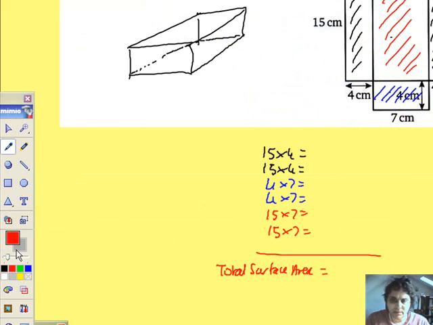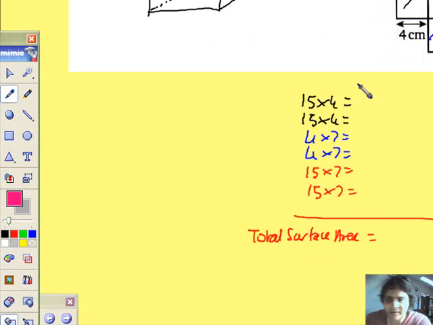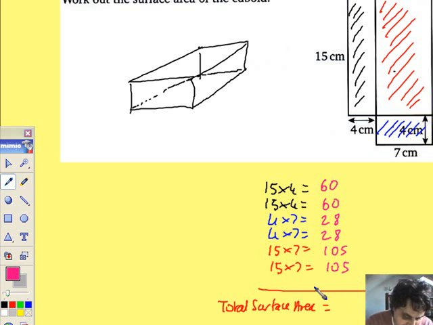By adding them all up. 15 times 4 is 60. That's 60 as well. 4 sevens are 28, and 4 sevens are 28. 7 15s is 70 plus 35, 105. That's 105 as well. Let me pick up my calculator. So I've got 60 plus 60 plus 28 plus 28 plus 105 plus another 105.